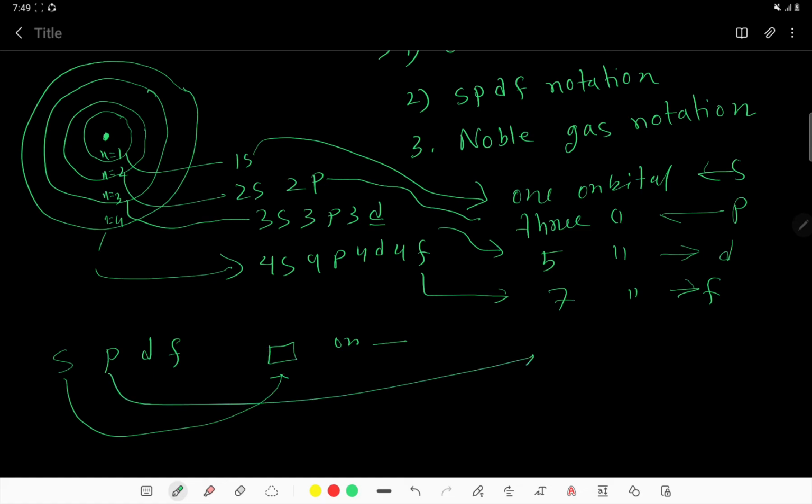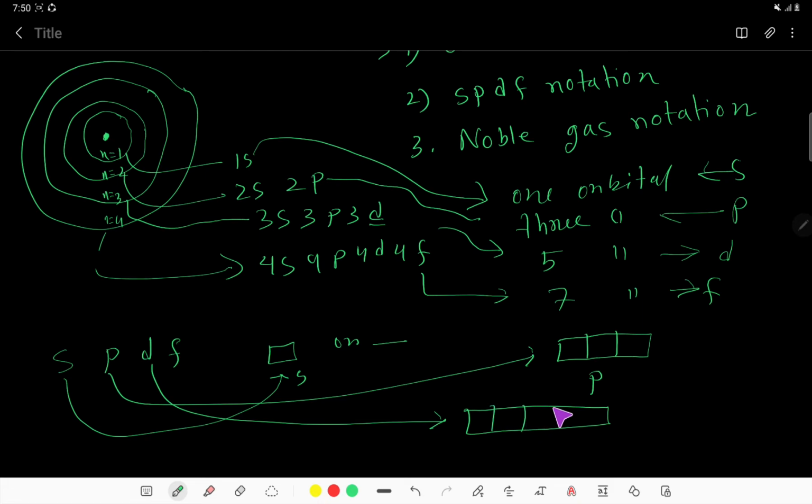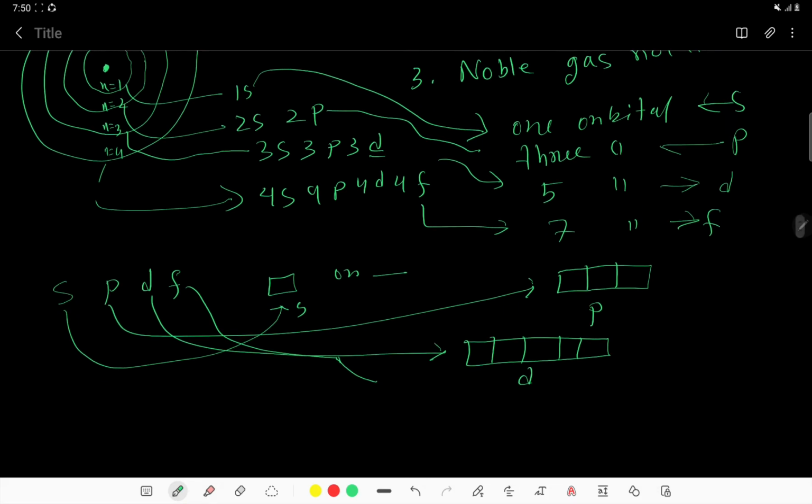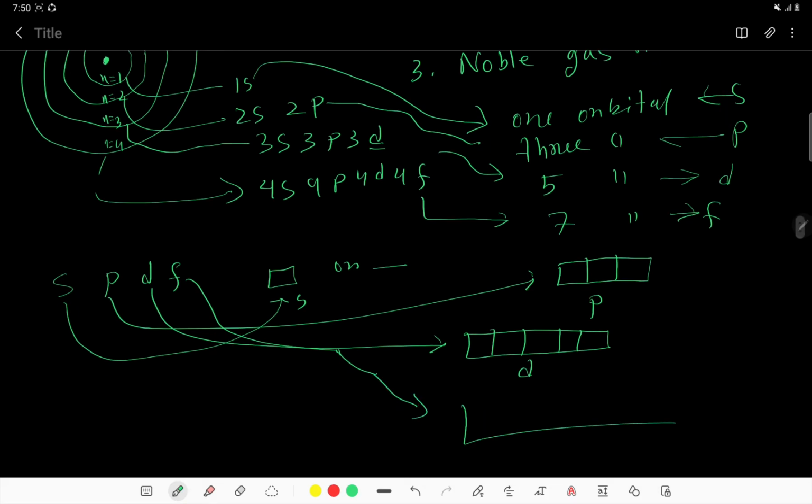The p subshell has 3 orbitals, so we use 3 boxes. The d subshell has 5 orbitals, so we use 5 boxes. And the f subshell has 7 orbitals, so we use 7 boxes.